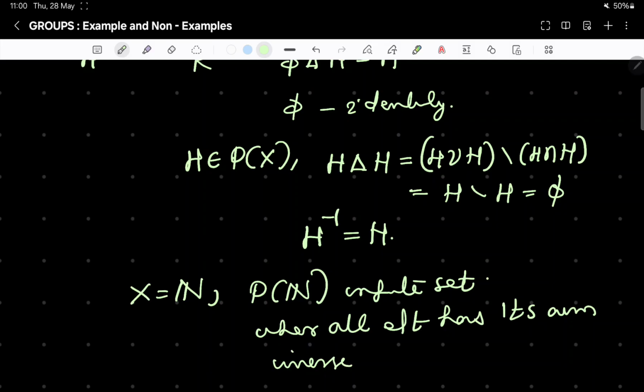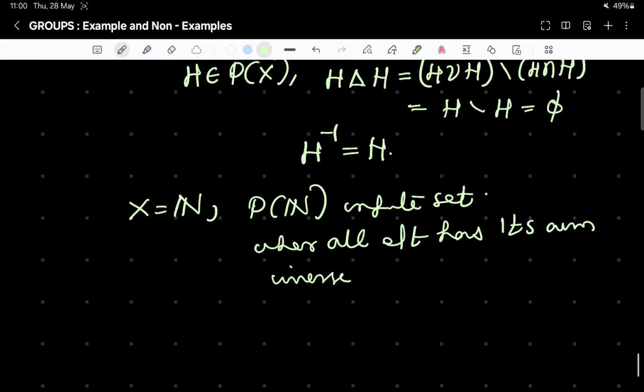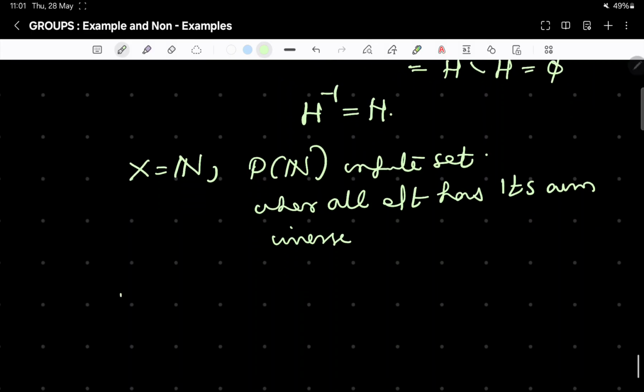I mean the same element is the inverse of itself. So this is a good example of that. We will quote this example in further classes for particular definitions. So what you can see is that the power set of X with this symmetric difference is a group.